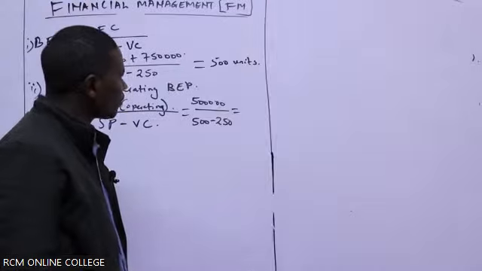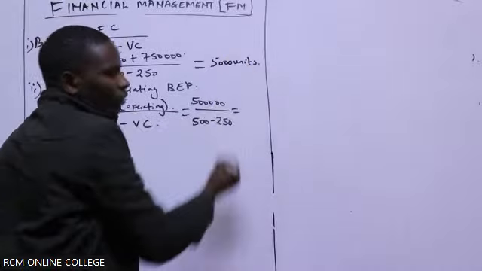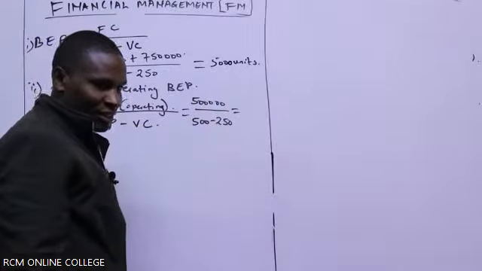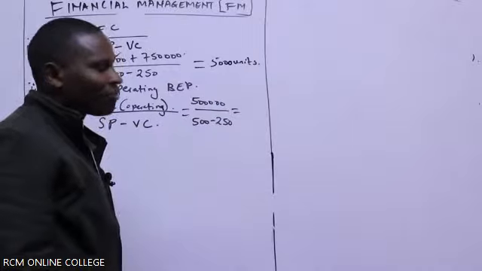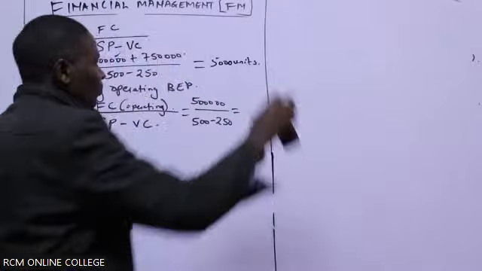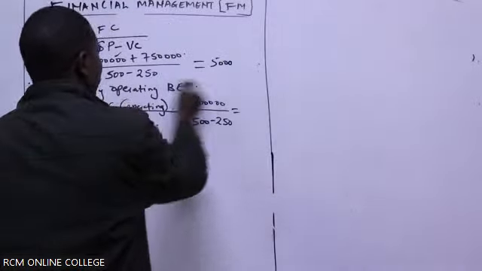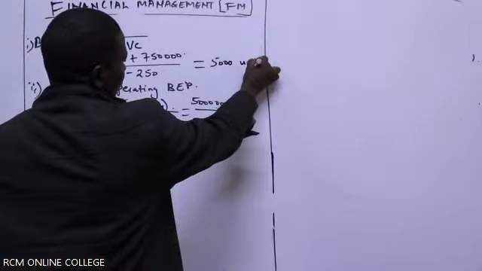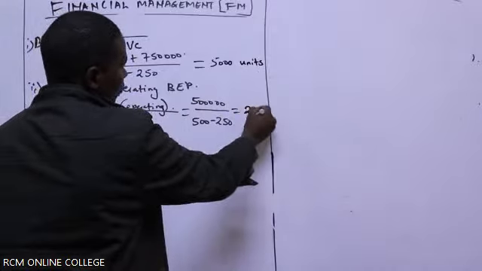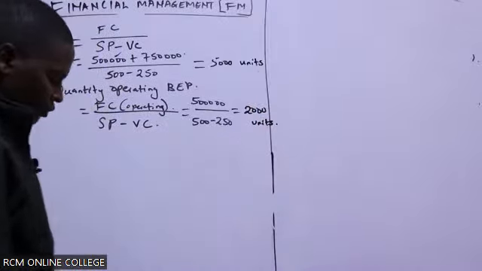BEP ni 5. Oh, this one. Okay. Asante. Okay, sawa. 5,000 units. Wanashangaa. What about nayo hii ingine ni units ngapi? BEP ya operating peke yake. Hii ni units. Hii nayo ni ngapi? 2,000 units.